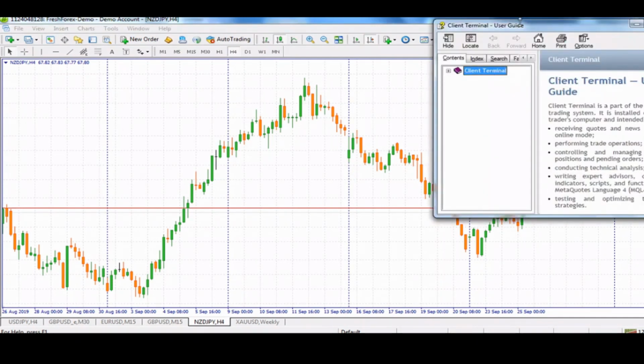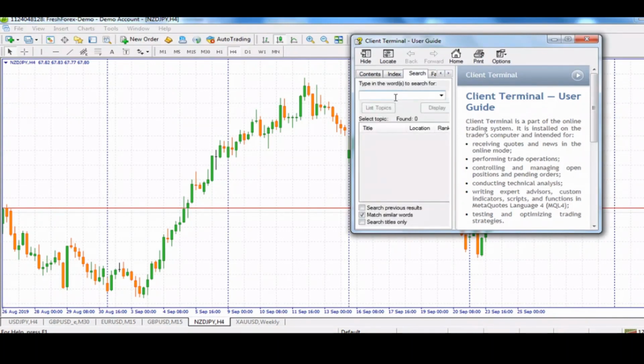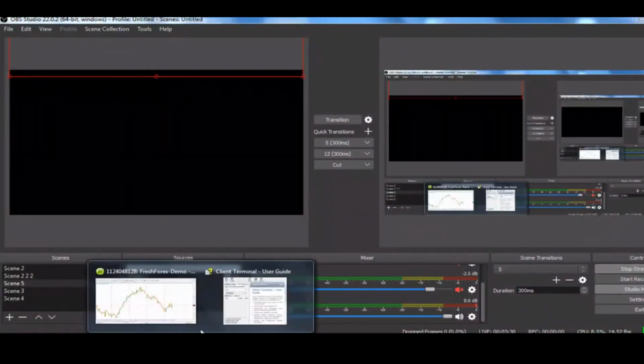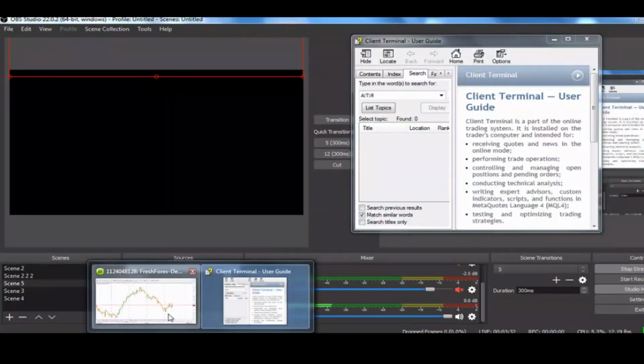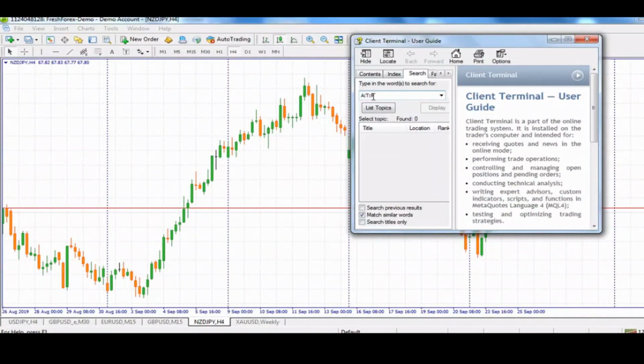There already. We want to search for ATR. Just a second. So we have it, ATR.